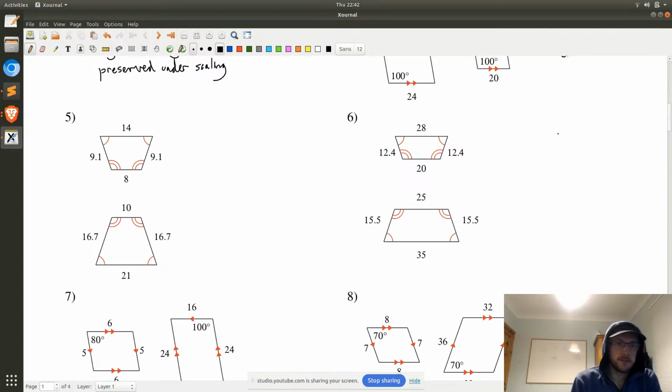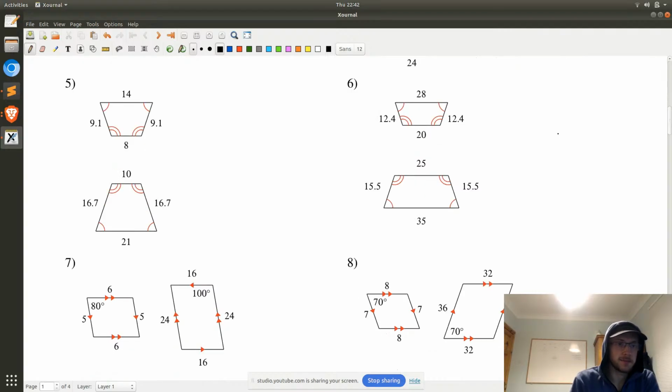Okay. How about here? Well, the angles are preserved, but to go from 8 to 10, you have to multiply by 1.25. To go from 14 to 21, sorry, it's not the same. And here, to go from 20 to 25, you have to multiply by 1.25.